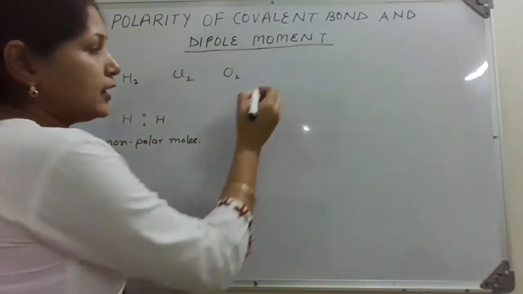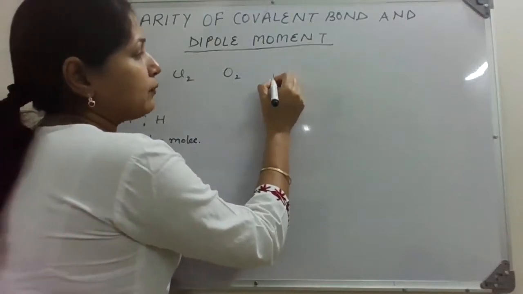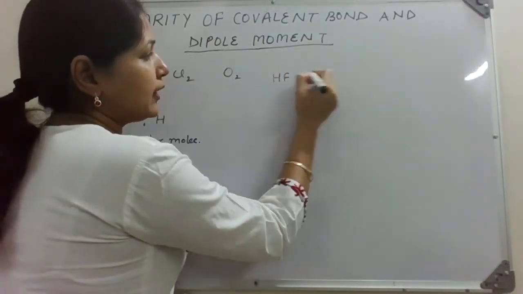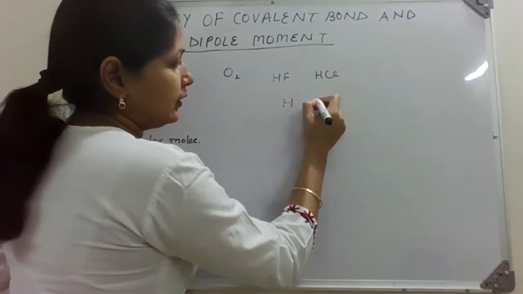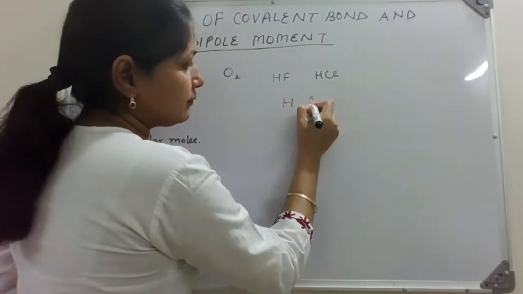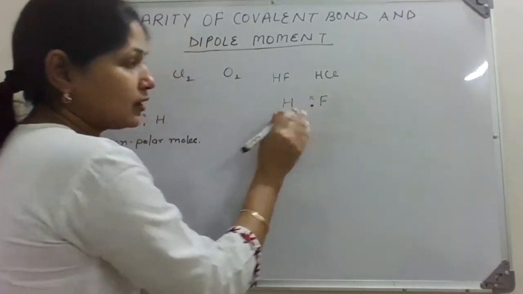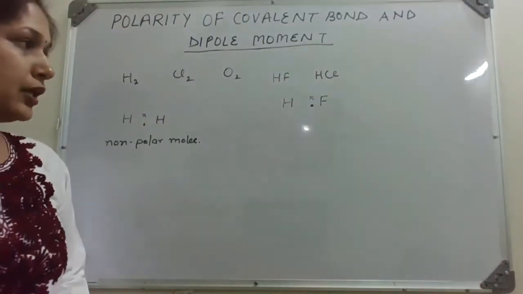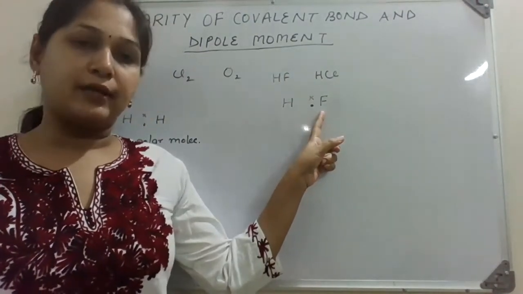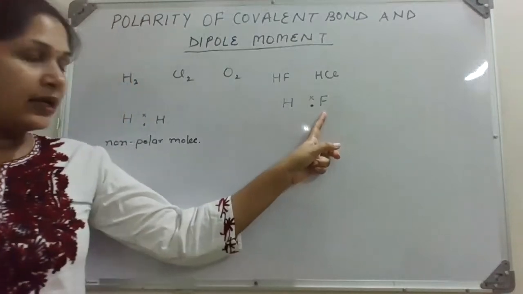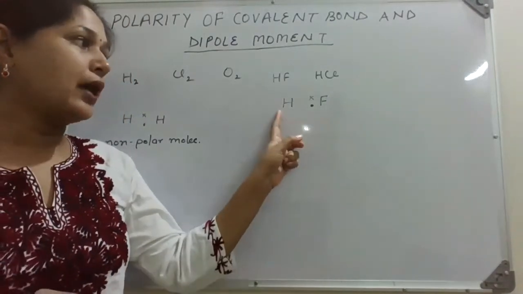And in the case of heteronuclear diatomic molecules like hydrogen chloride, etc., here both the atoms are different. So both the atoms have different electronegativity. Here in the case of hydrogen fluoride, this fluorine atom has higher electronegativity as compared to hydrogen.